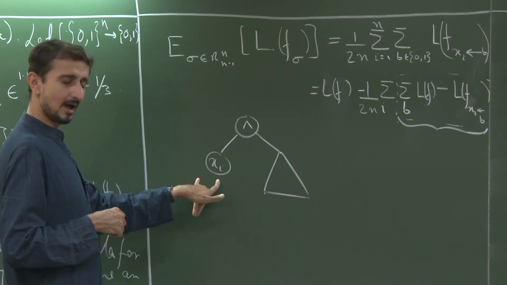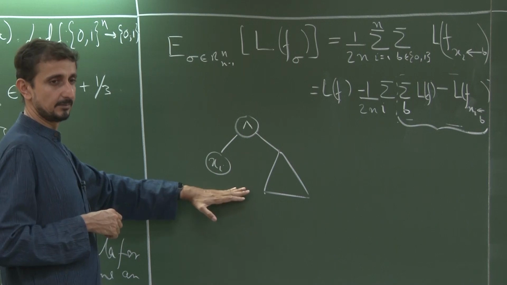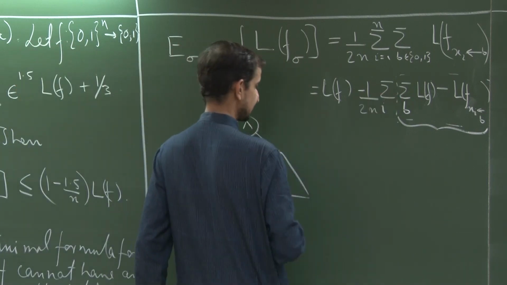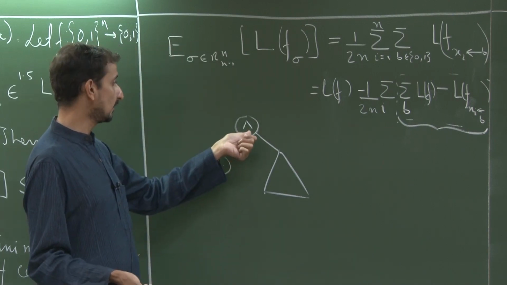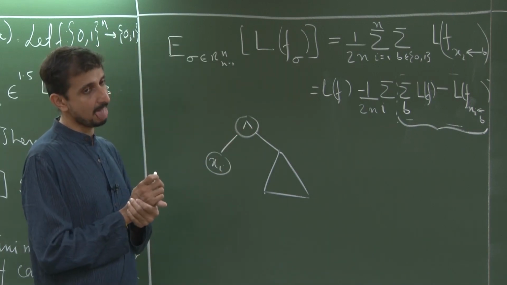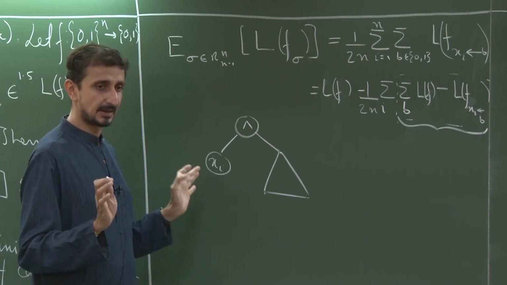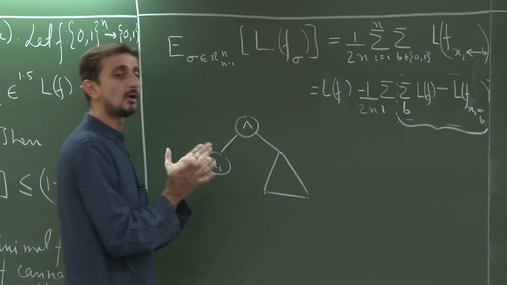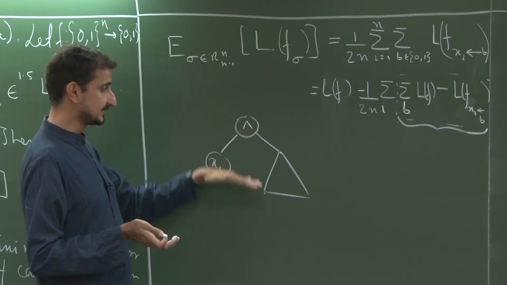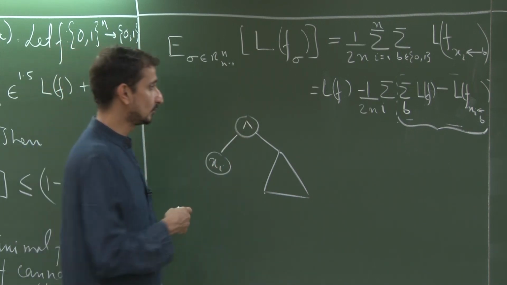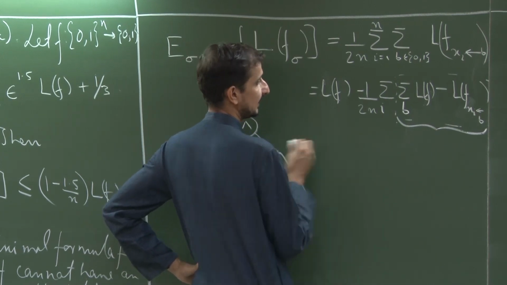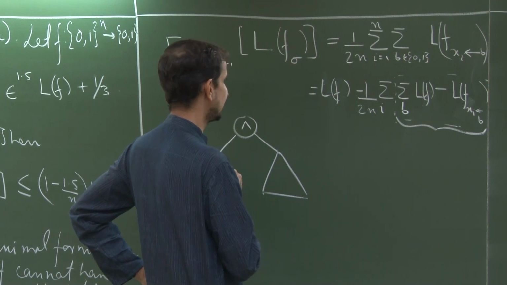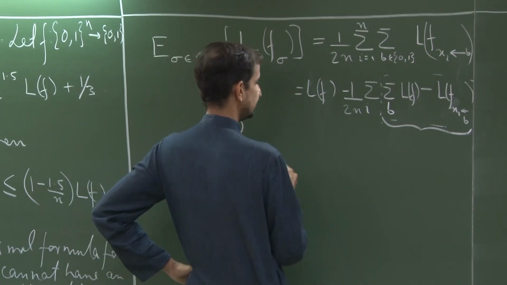If this gets a value 1, then only this gate can be removed. If it is an OR, it is the other way around. You can keep on removing everything, that is fine, but I am just trying to argue how much can I remove at this level, because I just want to give a count.